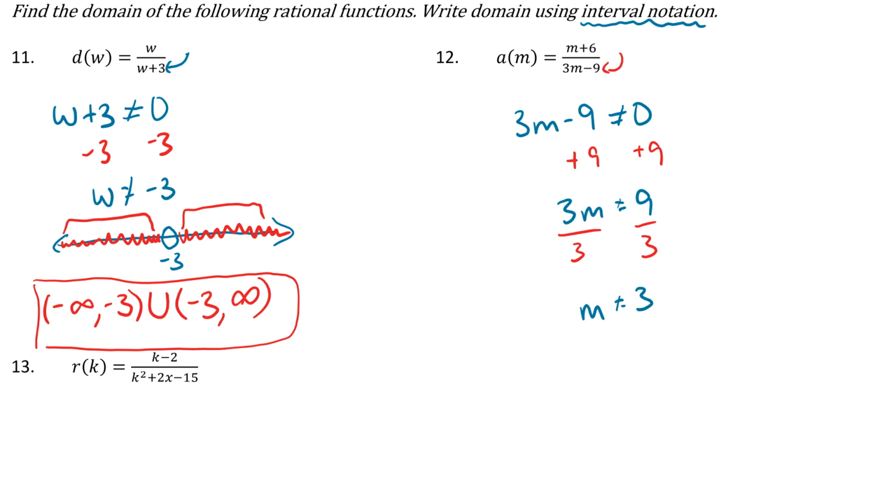Alright, now if m can't equal 3, then what that means is we're going to draw our number line again. We have 3 right there. It can be anything to the left of it and anything to the right of it. So the left part would be negative infinity to 3, again with parentheses. Unioned, the right part would be 3 to infinity.